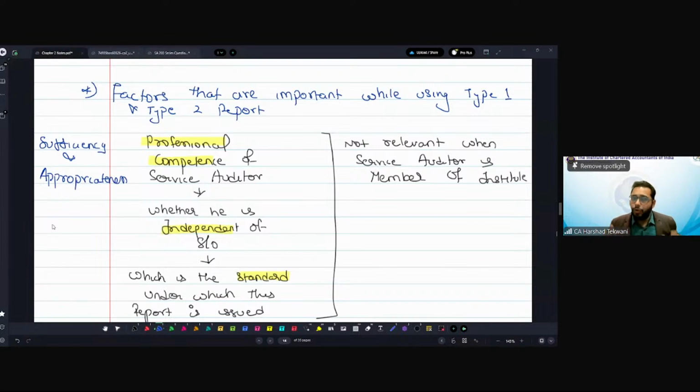Anything else I am required to look into? Anything else you think I, as a user entity auditor, should look into?